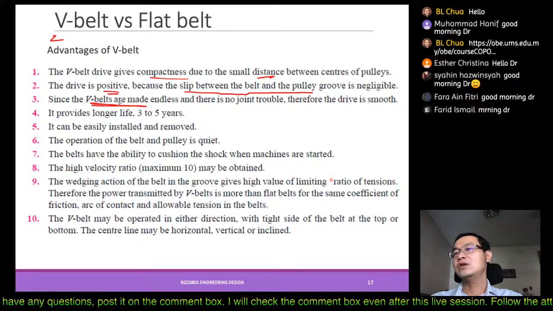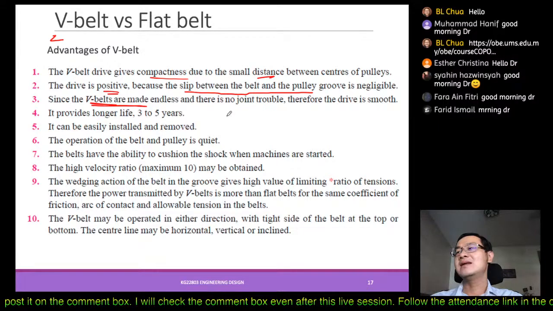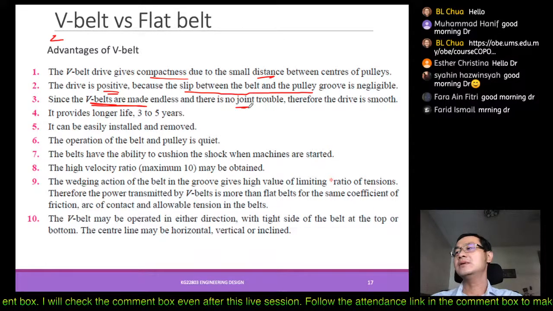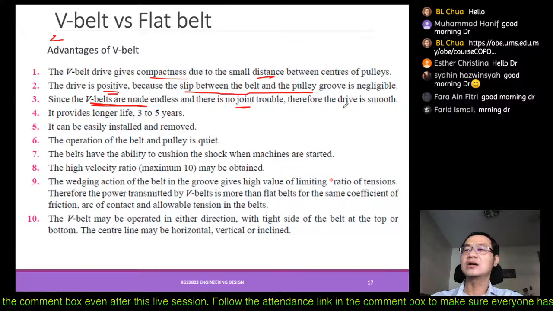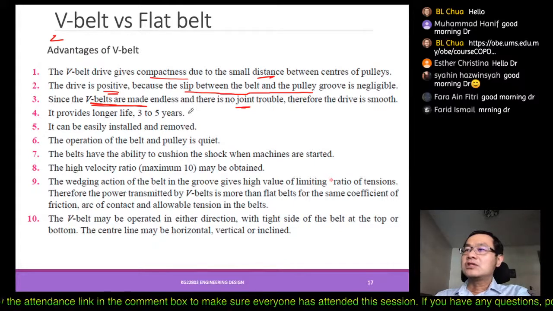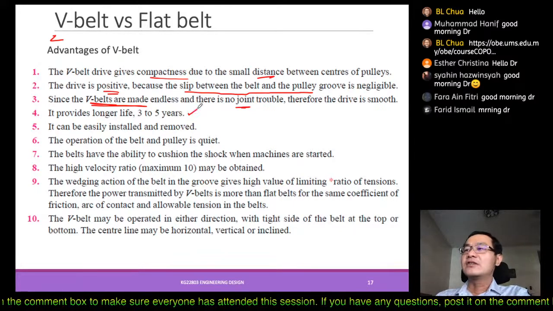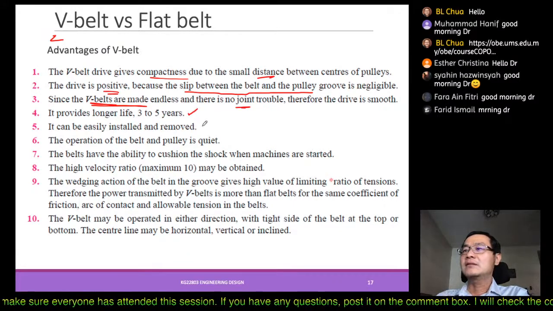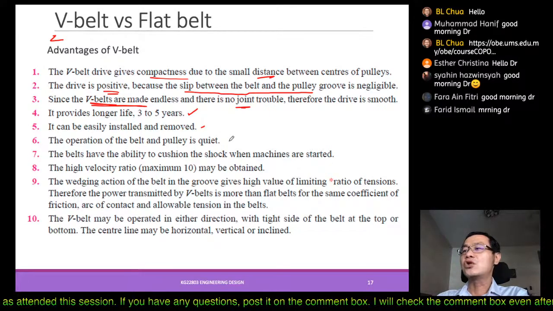Then also, since the V belt is made endless and there is no joint trouble, the drive is quite smooth. The V belt generally has a longer life as compared to the flat belt, and is easily installed and removed.